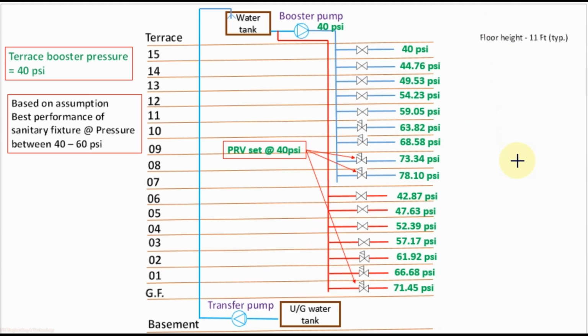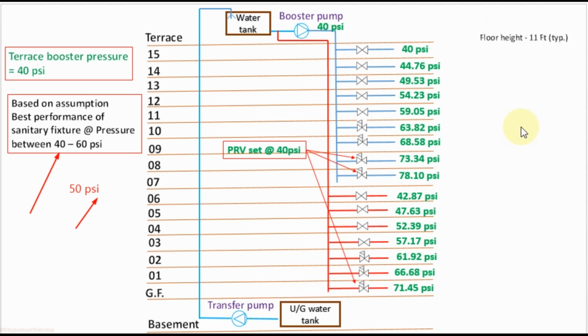There is one very important point to remember always. If at any floor you have any special fixture for which the minimum pressure requirement is more than 40 psi, then you need to consider the minimum pressure requirement for that branch as per the actual requirement of that fixture. For example, say we have some fixture for which the minimum pressure requirement is 50 psi, then we need to set the pressure for that branch at 50 psi.